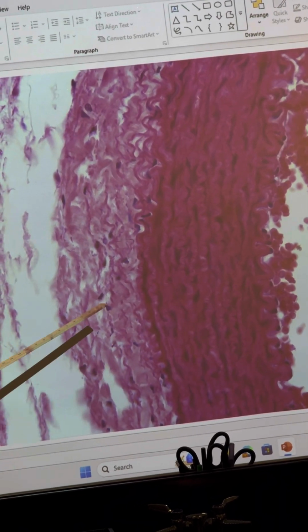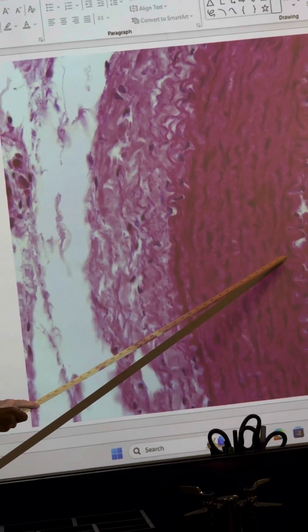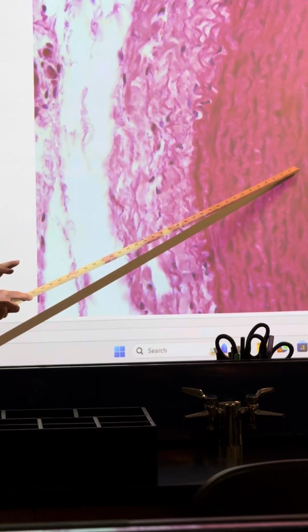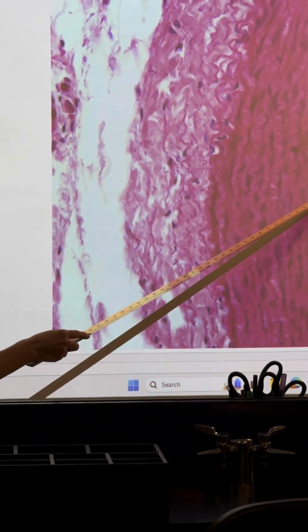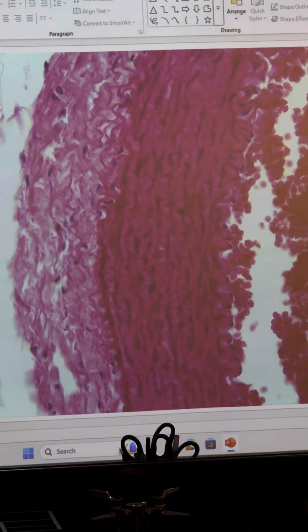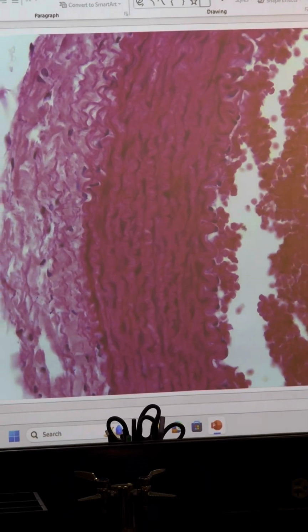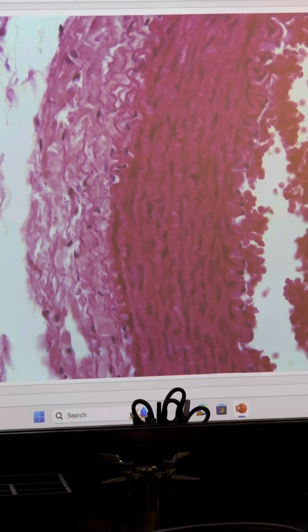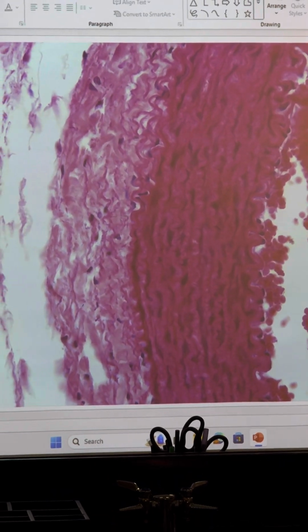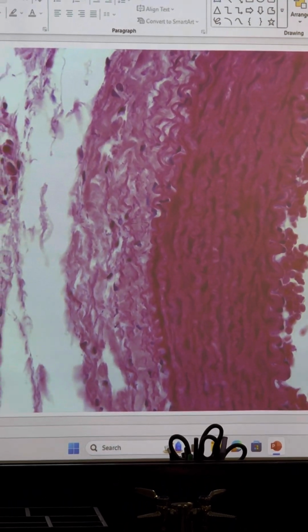So that is going to be elastic connective tissue, okay? Don't get that confused with elastic cartilage. Where can we find elastic connective tissue? In the large arteries, the aorta and stuff. It allows for what? For stretching, expansion. Yeah. Cool.